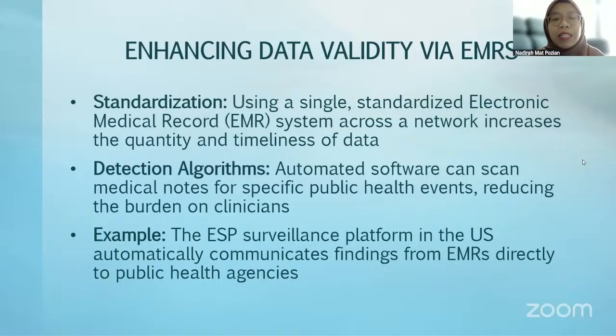For example, the ESP surveillance platform in the US automatically communicates findings from EMRs directly to the public health agency. The United States can do this because they have financial resources, which is more than what our countries have.